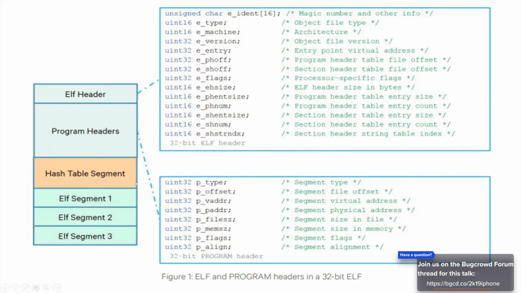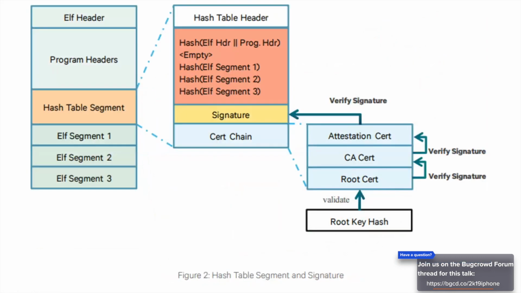There's the hash table segment, which also contains the code signatures. The hash table segment has signatures of each part of the binary and a certificate chain. The certificate chain is basically three certificates: the root certificate, the CA certificate, and the attestation certificate.